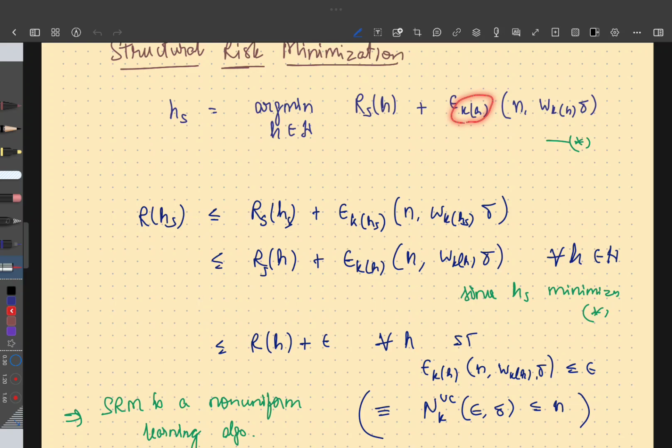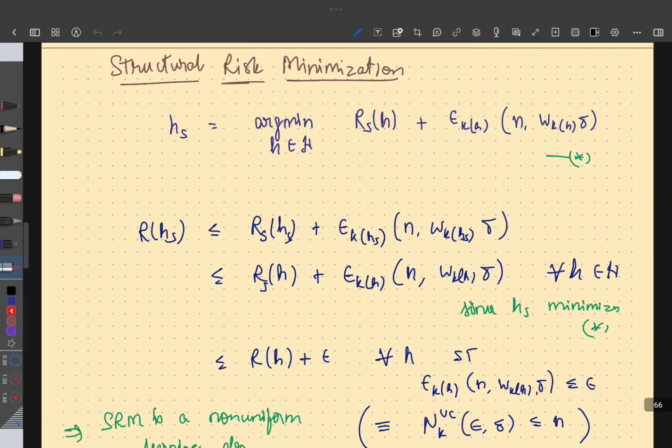This k of h is used to denote that this is the first, so a given predictor could potentially belong to many subclasses, which is okay. So k is the index for the subclass, and k of h denotes the index of the subclass to which h belongs, or one such subclass that h belongs to. Okay, any other questions?